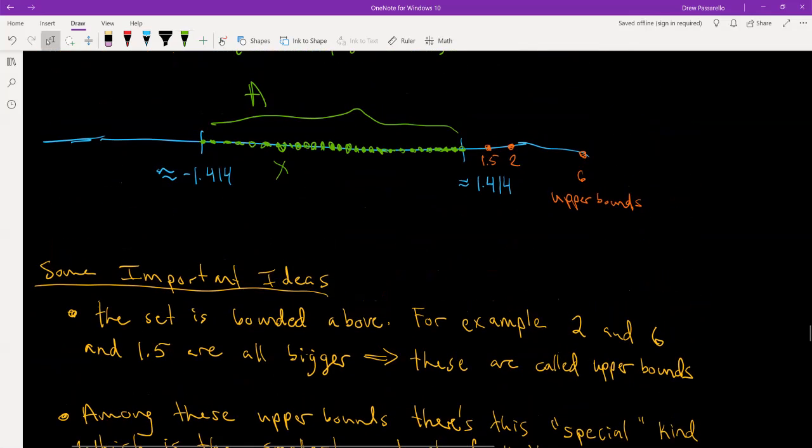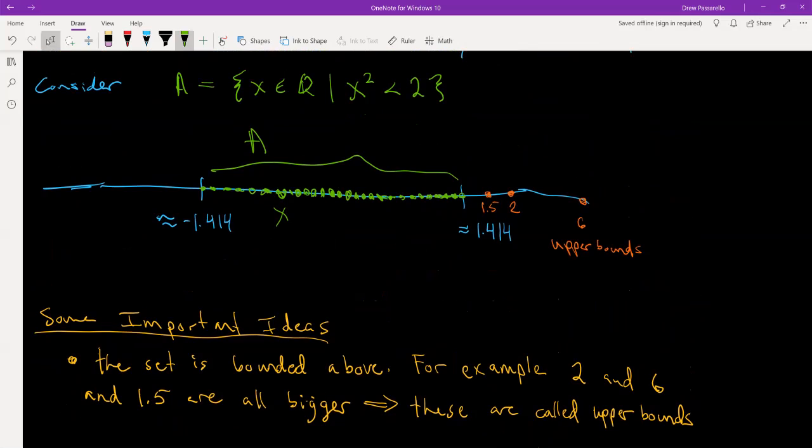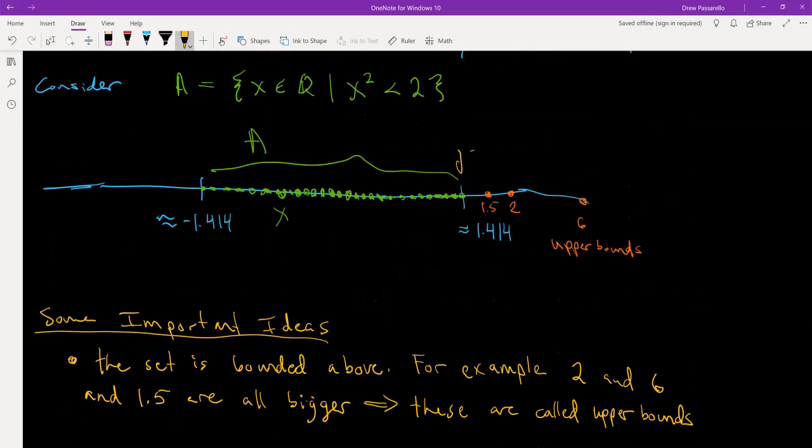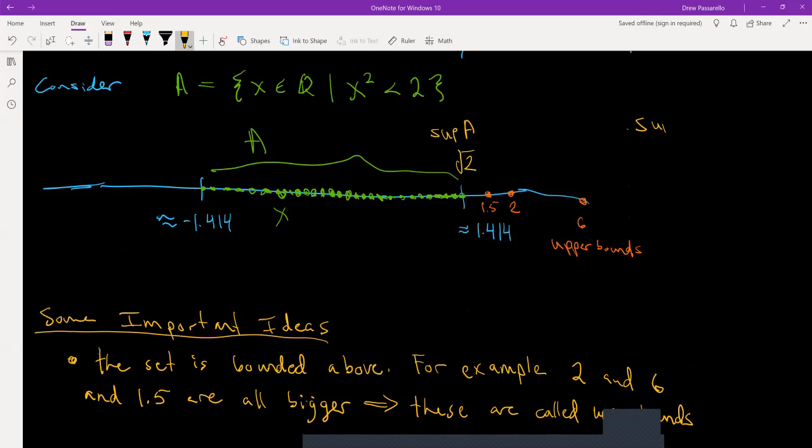So we have the square root of 2 being our supremum. That's our sup of A is square root of 2, and that's the notation we use. So sup of A is going to represent the supremum of some set A.